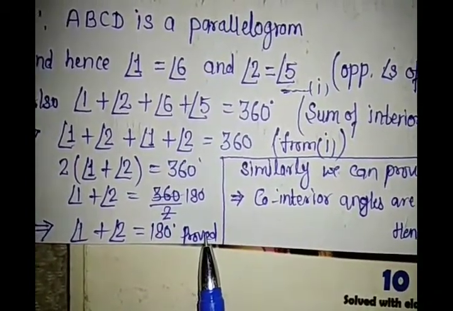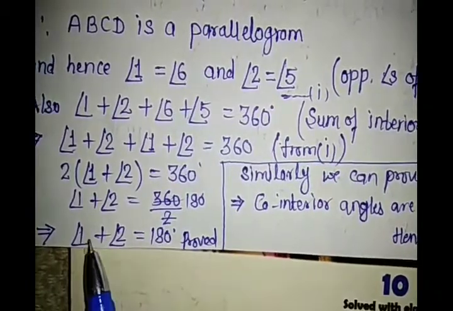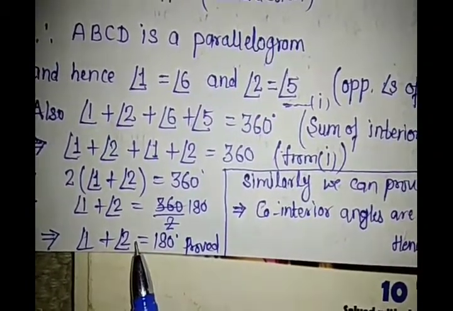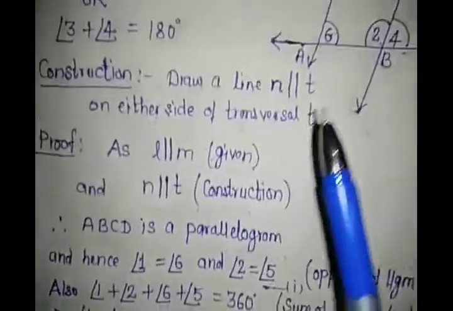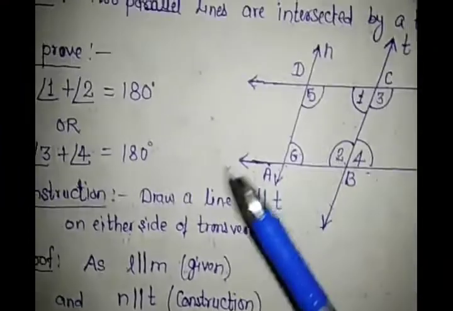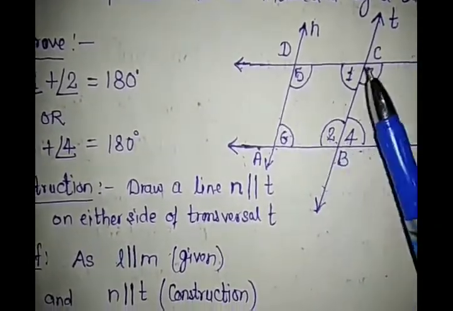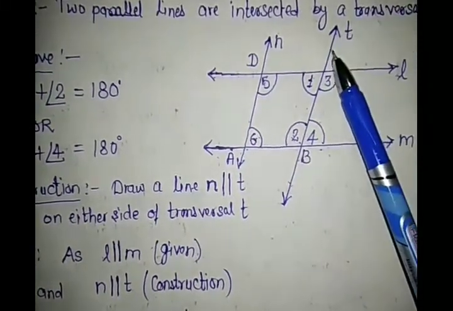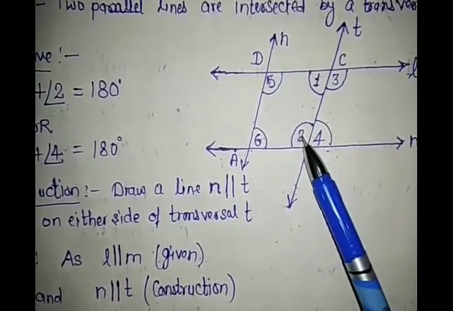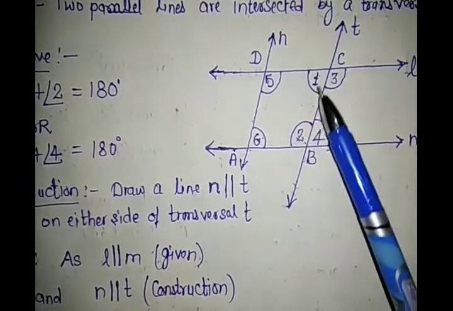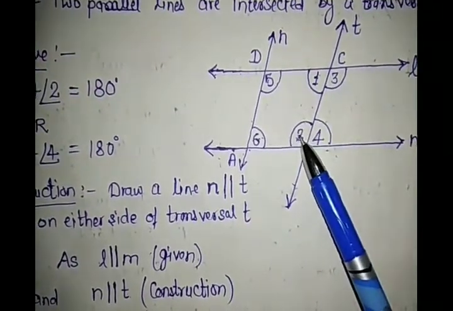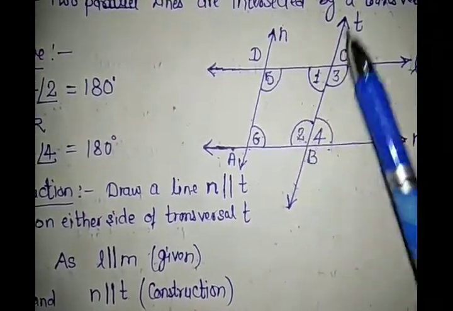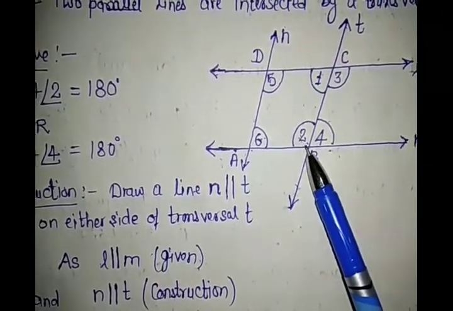This is what we had to prove: angle 1 and angle 2 are supplementary, meaning co-interior angles on the same side of a transversal are always supplementary.